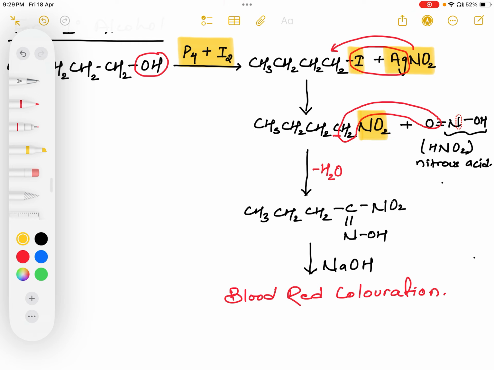In the third step, it was treated with HNO2, and the double bond NOH group attached right over here. And in the last step, NaOH was treated and we observed blood red coloration, which symbolizes that it is 1 degree alcohol.